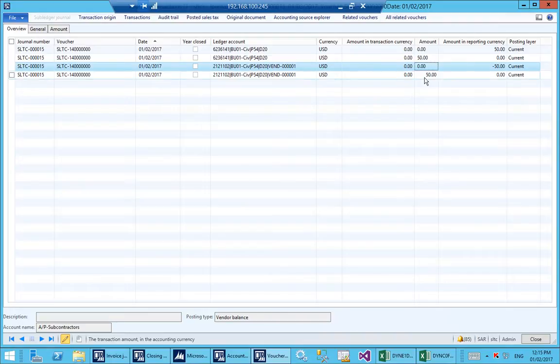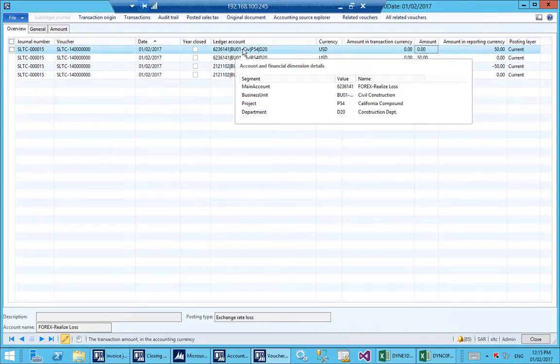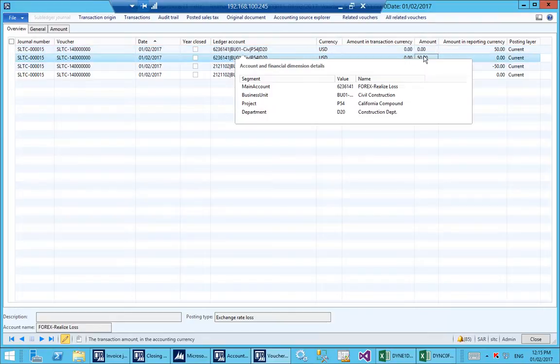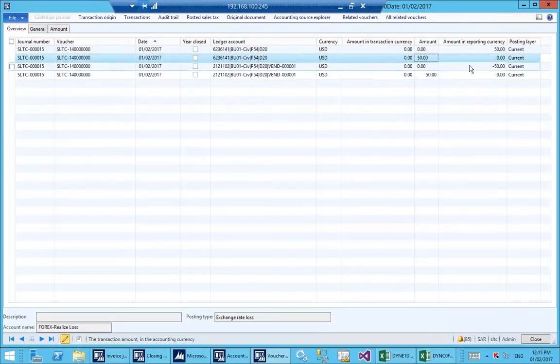Correct. So it is just showing a difference in currency. What is debit? What is credit? This one, forex realized loss. But the same is debit here also, in line number 2. Let's track one column.